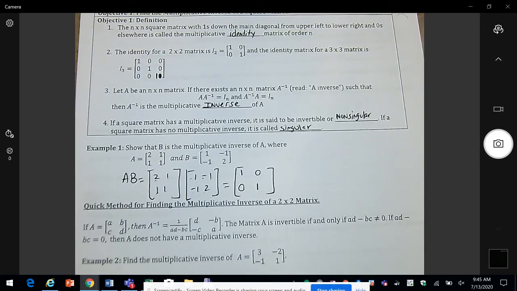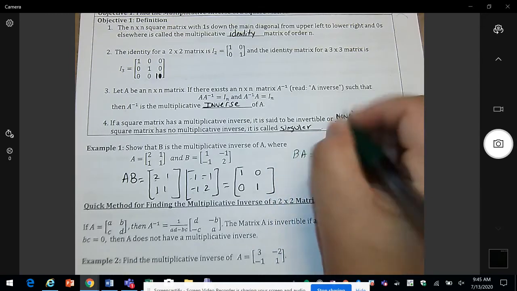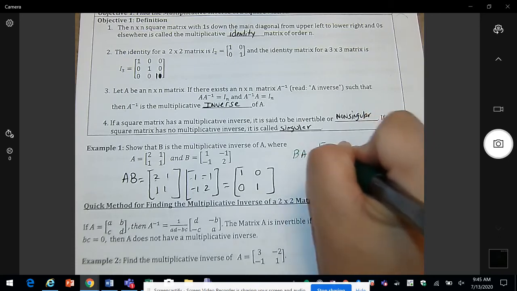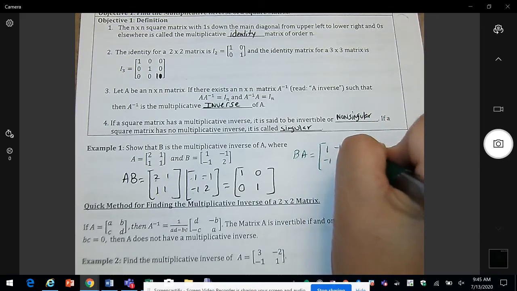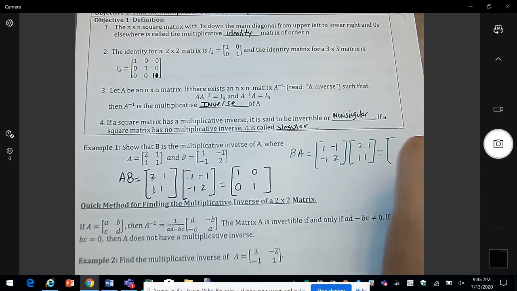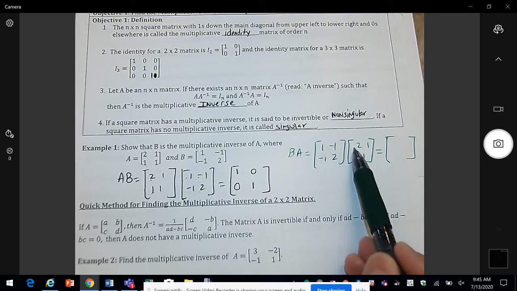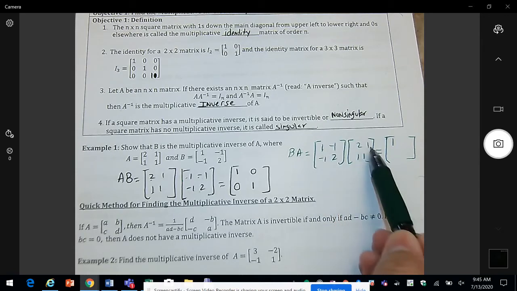However, we also have to multiply B times A. If we multiply B times A, we get 1 times 2 is 2, negative 1 times negative 1 is negative 1, so that gives me a 1. 1 times 1 is 1, negative 1 times 1 is negative 1, that gives me a 0.